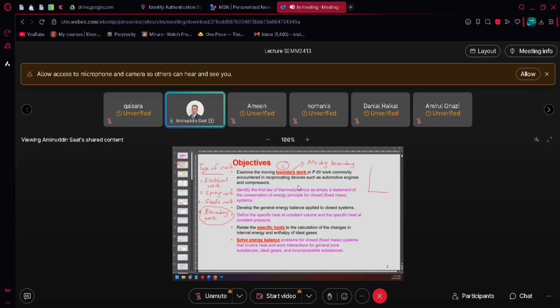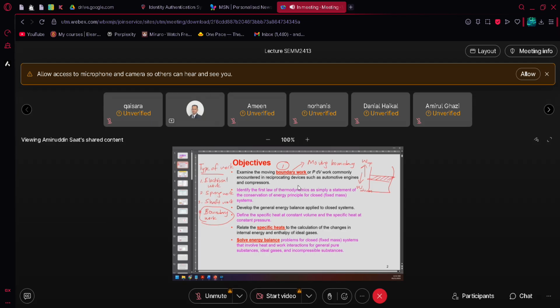Like a piston and cylinder, you have the boundary that can move upward and downward. Whether the piston is going up or going down is related to boundary work.